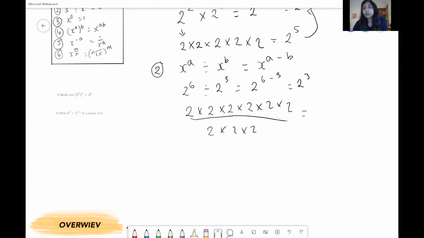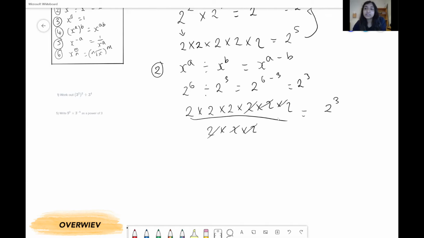Then, as you have common terms in both the numerator and denominator, you can cancel out the common term. 2 times 2 times 2 is the common term, so you just get 2 to the power of 3.